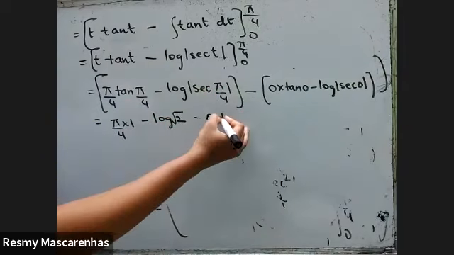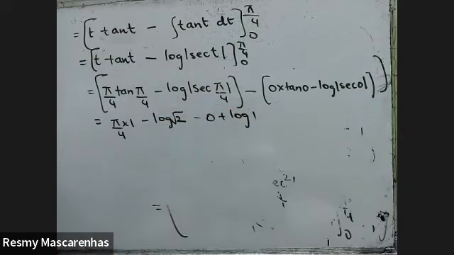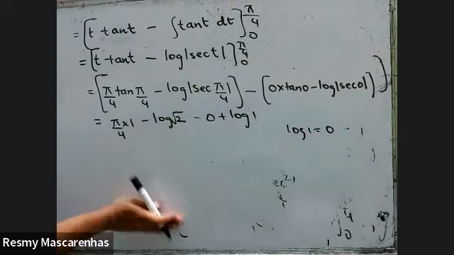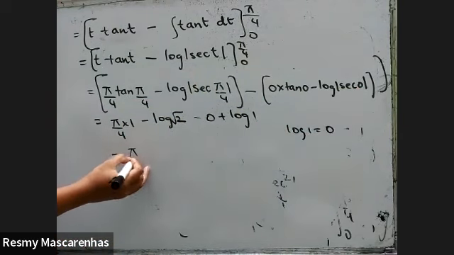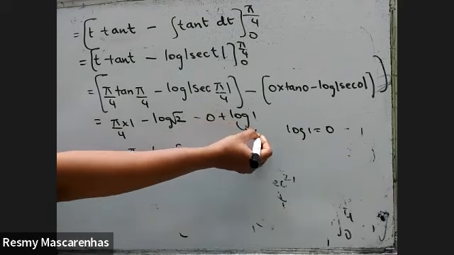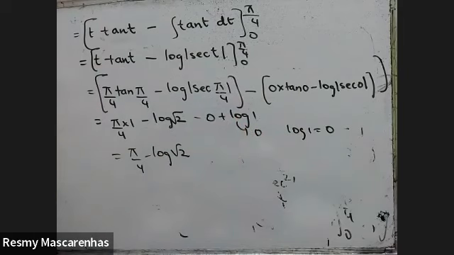And sec of 0 is 1. And log 1 is 0. So the answer is pi by 4 minus log root 2, because this will be 0. Log 1 value is 0. So the answer is pi by 4 minus log root 2.